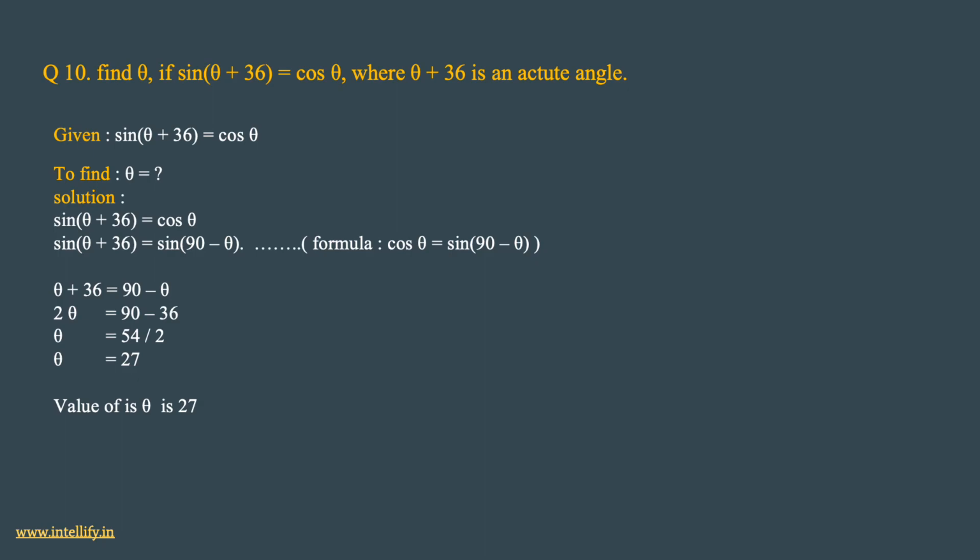So, as we can see, both the sides of the expression have sin. So, we can remove the sin and we can say theta plus 36 is equal to 90 minus theta. By solving the expression, we will get the value of theta is equal to 27.